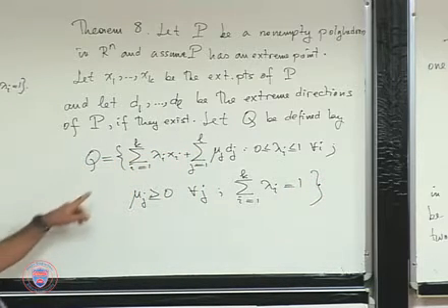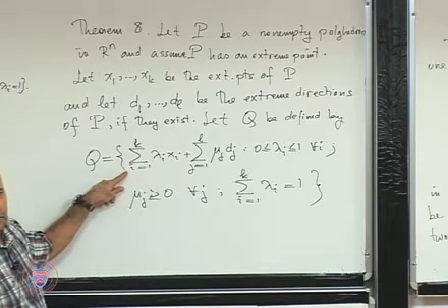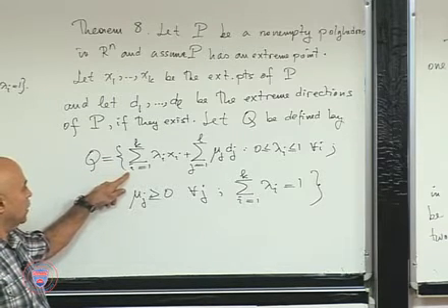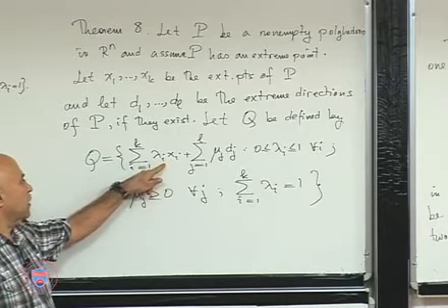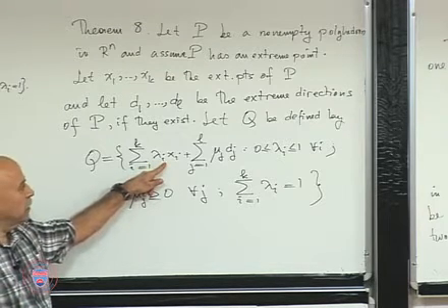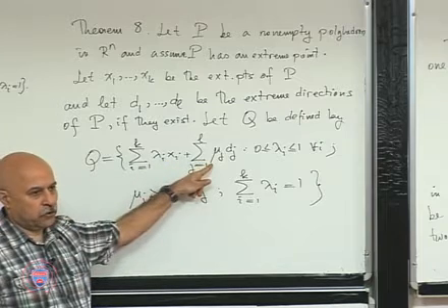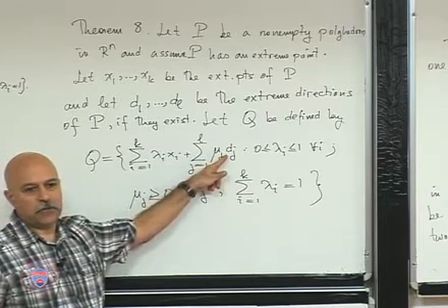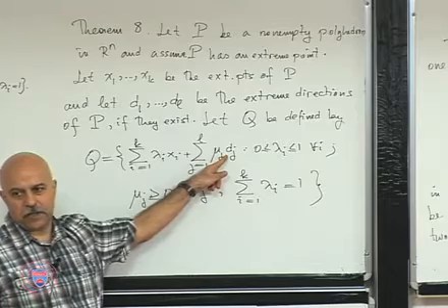Now, in this definition, what you're doing is you're taking a convex combination of the extreme points by choosing your lambdas. Plus, to it, you are adding a non-negative combination of the extreme directions if the extreme directions exist.